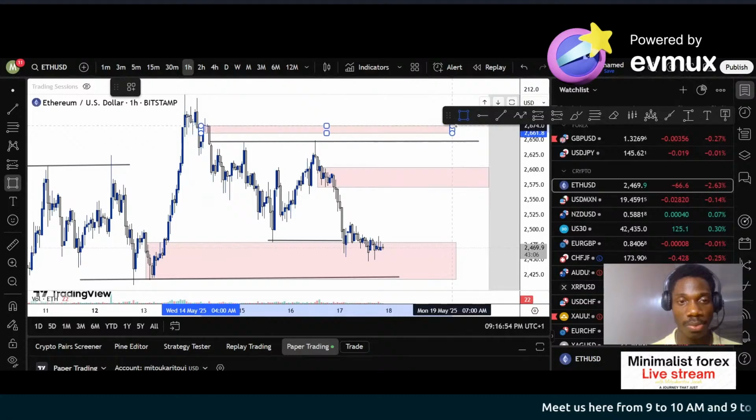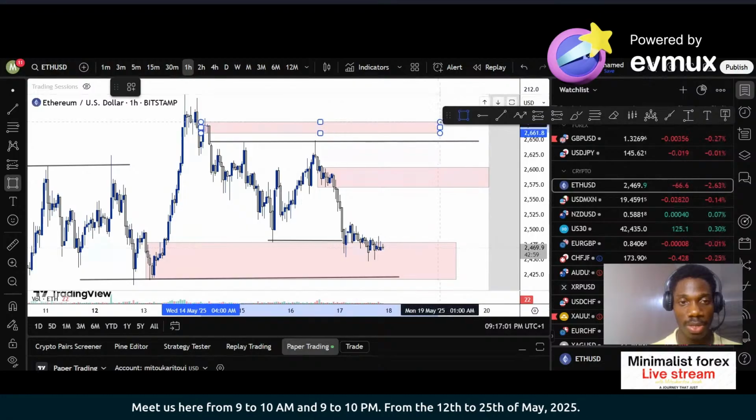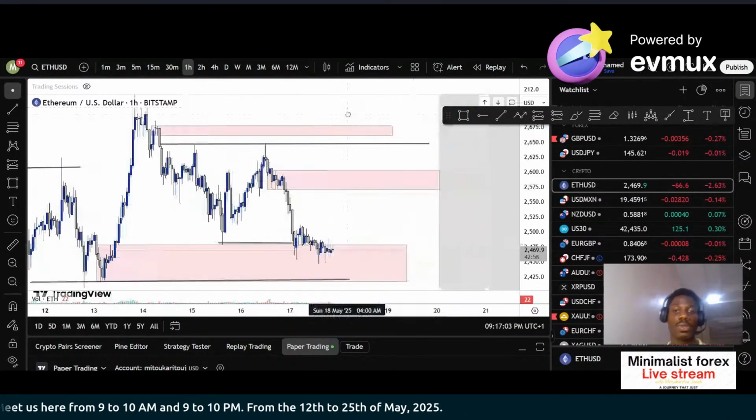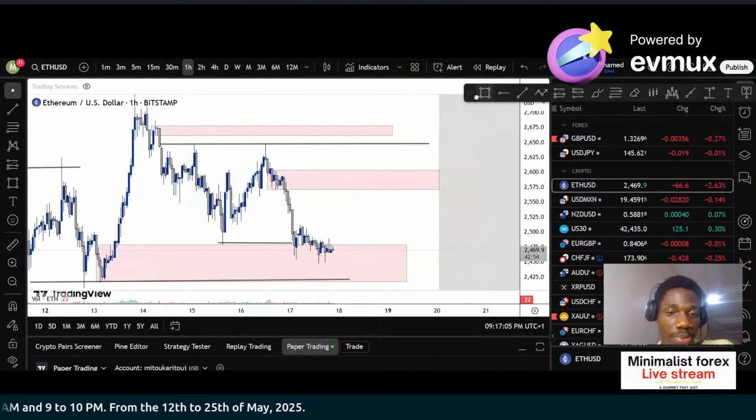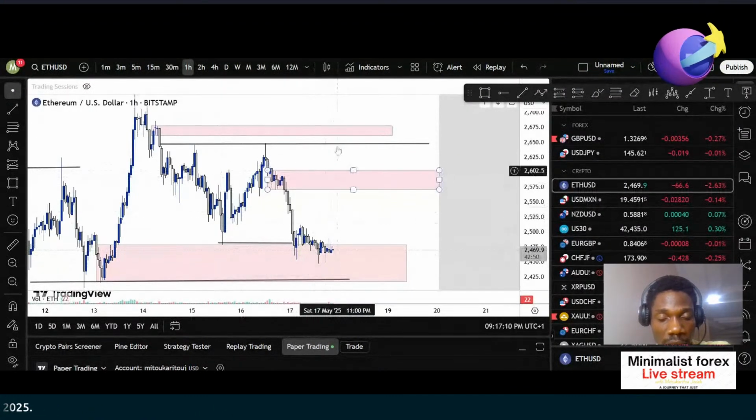So no matter what price does, we're expecting this to happen. Expecting price to now, because it has broken structure, what are we expecting? A pullback. A pullback to take out liquidity, tap into supply, and eventually fall.